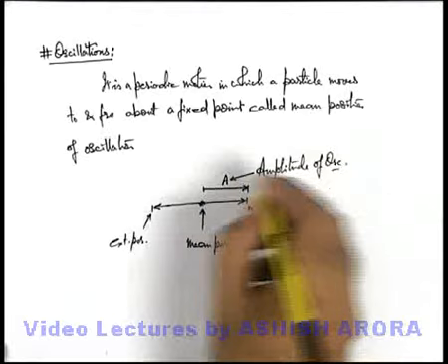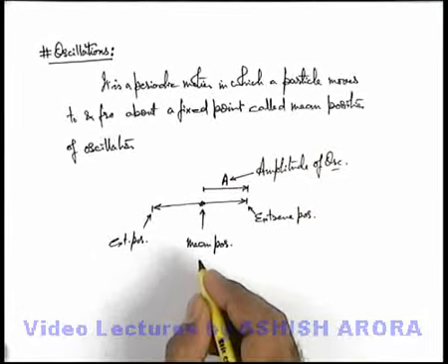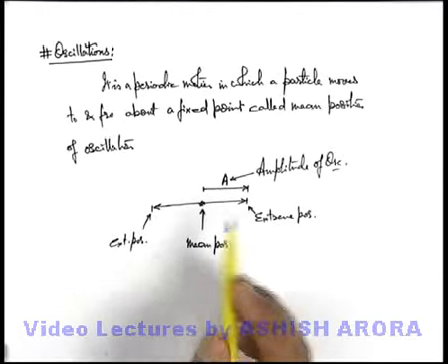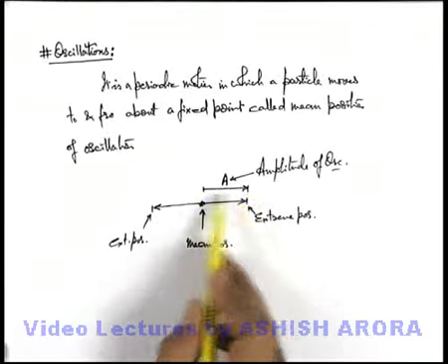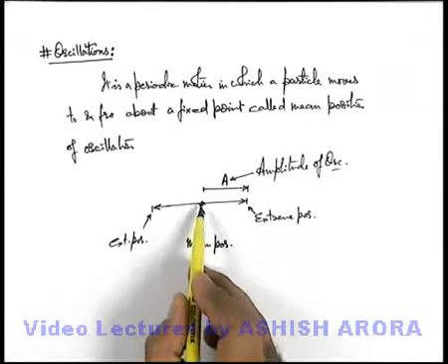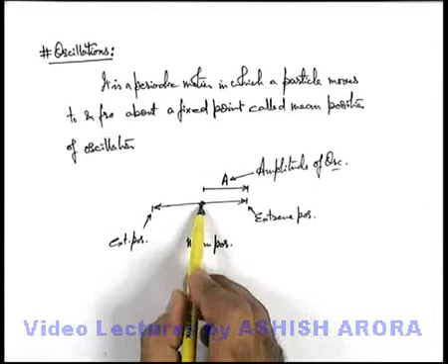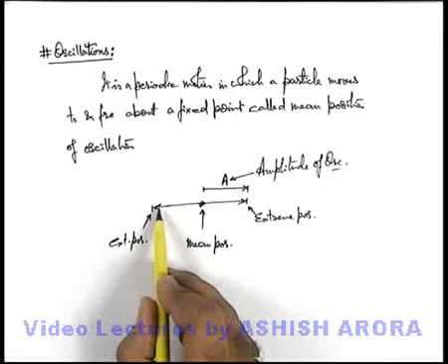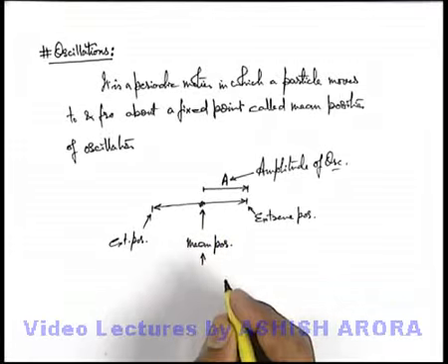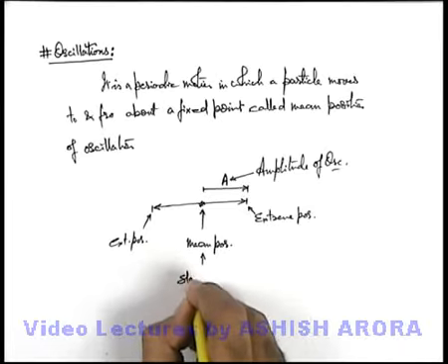And this is denoted by the letter A. I hope you have studied in your middle school about the amplitude of oscillation and how a particle oscillates about the mean position, because when a particle oscillates about the mean position, that means this mean position is generally a point of stable equilibrium.